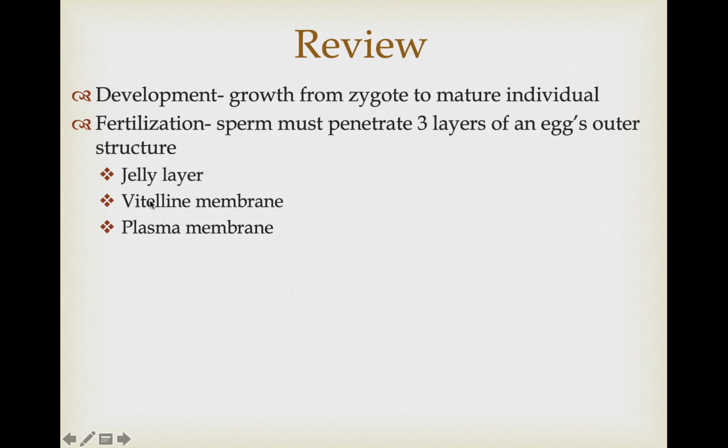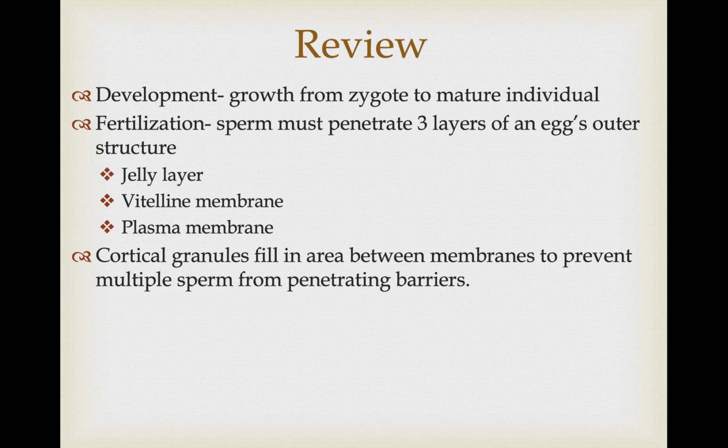First the jelly layer, then the vitelline membrane, sometimes referred to as vitelline envelope, and then the plasma membrane before it can deliver its payload of DNA to form the diploid zygote. And to prevent multiple sperm from getting into an egg, the cortical granules fill that area between the vitelline membrane and the plasma membrane to prevent additional sperm from getting through.